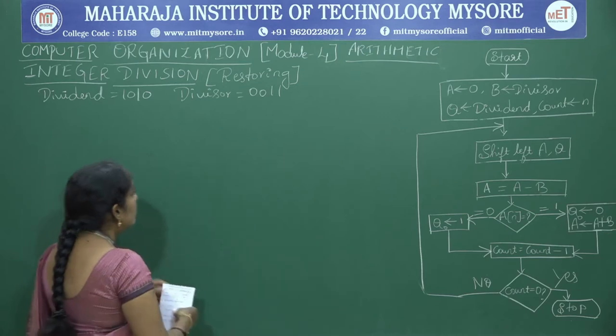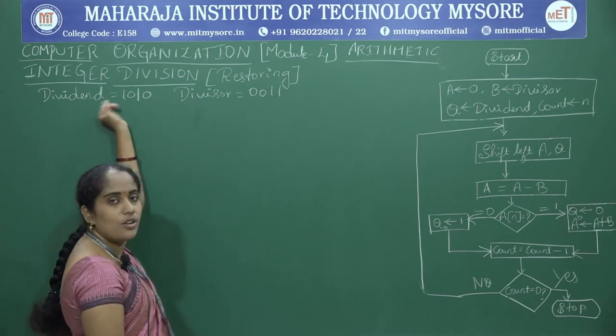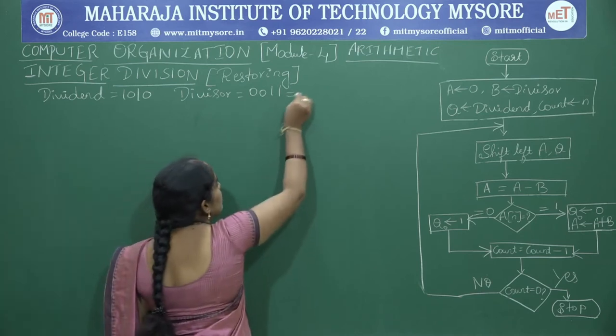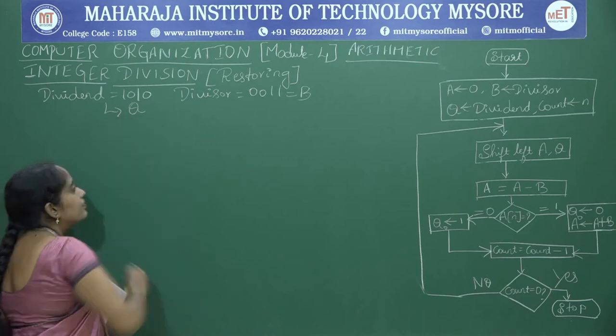Now this is the B value and this is the Q value.